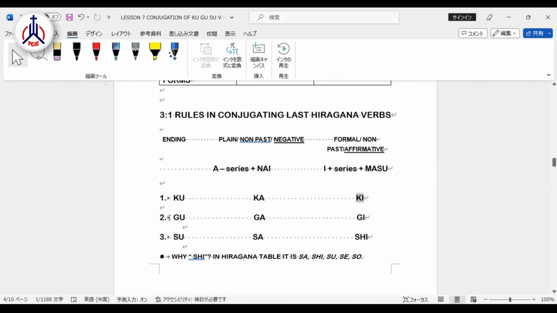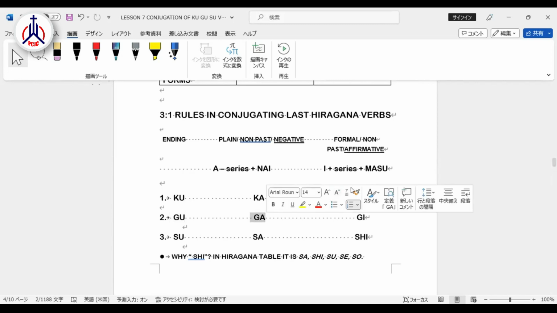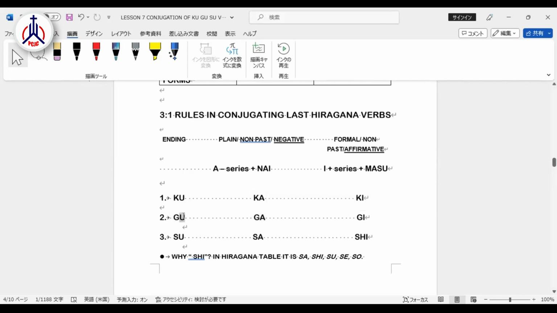Again, in the gu-ending verb, change the u to a. It becomes ga. And then for the formal non-past affirmative, change it to the I series, it becomes gi. Okay?